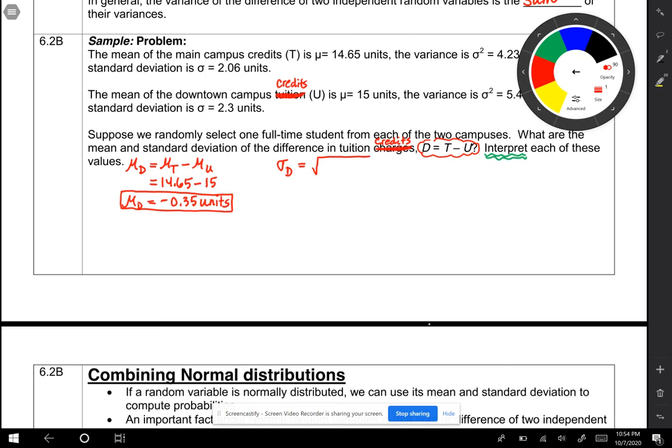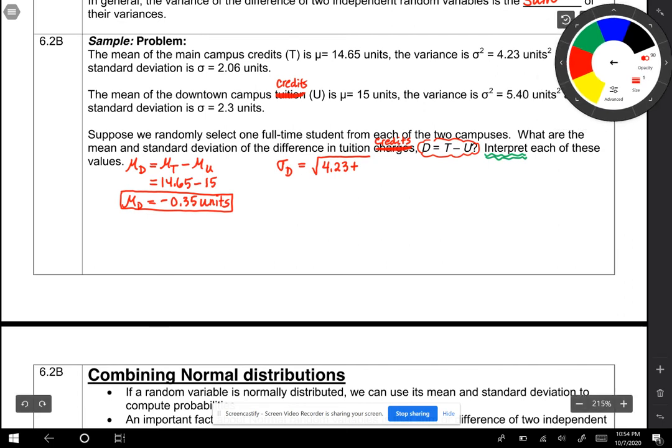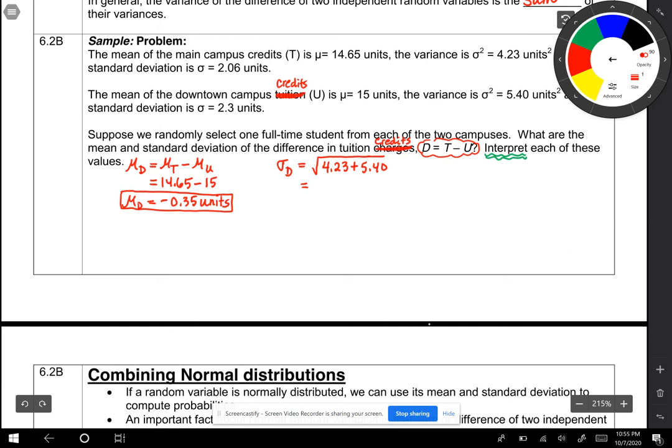The standard deviation squared of T was 4.23 and of U is 5.4. And then you add those and take the square root of them and you get 3.103.